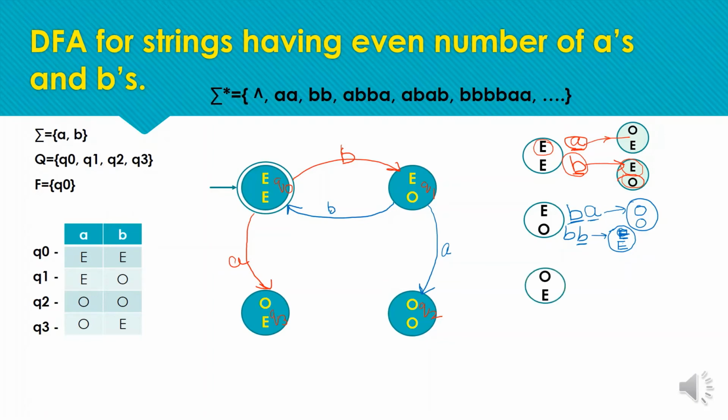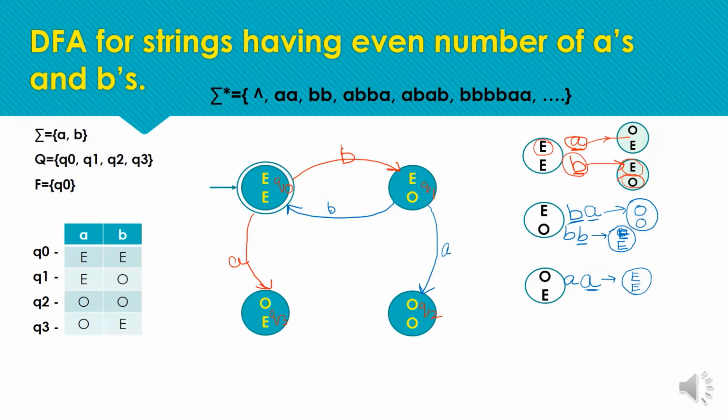Now coming to the next state, being on this state means we have received a minimum of one A, because we have the transition from the initial state to this state with the input symbol A. Next we have to define the transition for input symbol A. On receiving this A, the number of A's has changed from odd to even, and the number of B's is still even, as earlier.